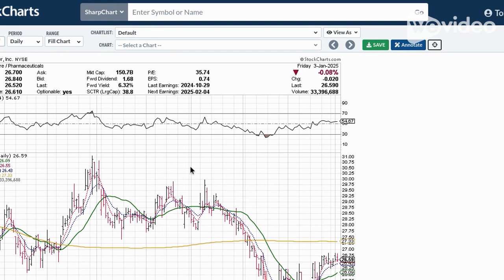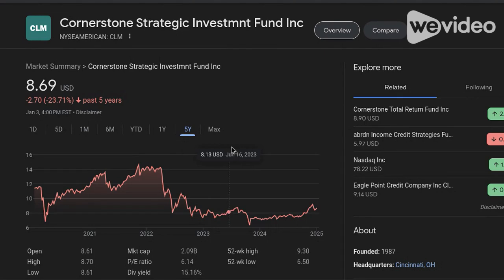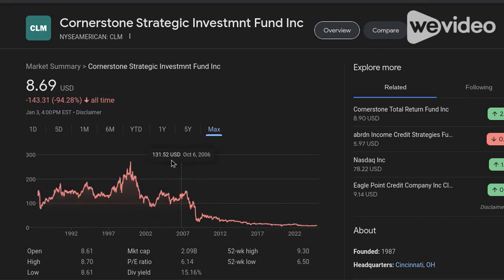I think this is just going to be better for me in the long haul, because if you take a look at CLM, you can see here that their NAV erodes pretty consistently. It's just going straight down over the last 5 years. Now, if you look at the max, I don't know what they were doing back in the 90s, but it used to be a $148 stock. It used to be a $255 stock.